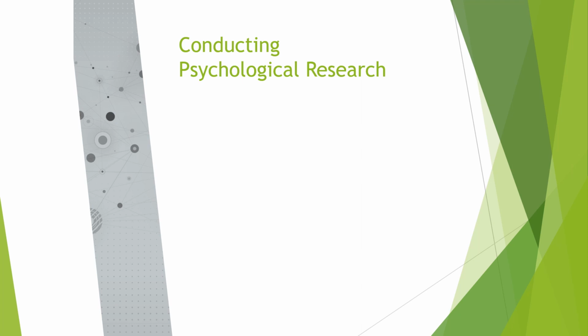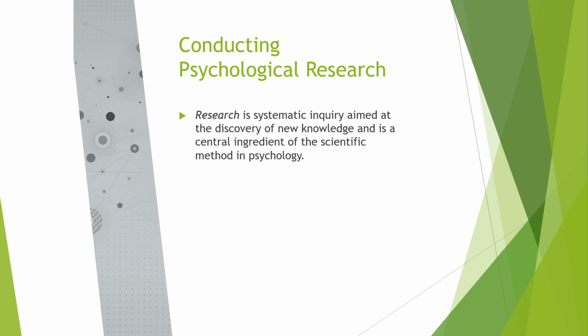Conducting psychological research. First of all, let's just give a basic definition for research. It is a systematic inquiry aimed at the discovery of new knowledge, and it is a central ingredient of the scientific method in psychology. As I've mentioned previously, what makes psychology a science, just like your other sciences, is that we use the scientific method in conducting our research.